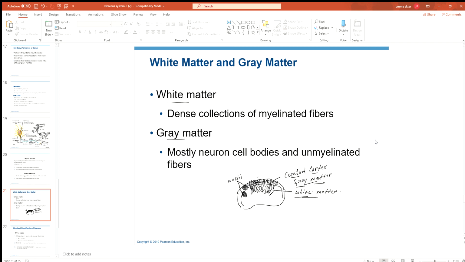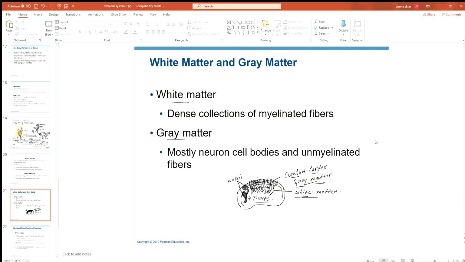And in some areas in the brain you will see that the axons are heavily packed. Here you have all the axons, right? But in some cases you will see that axons are more densely packed, like this one, and these are called tracts.